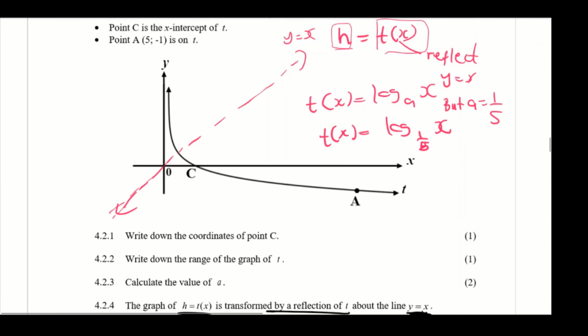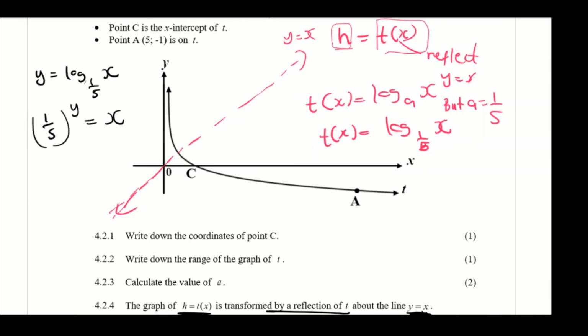If you write it properly, you're going to say y is equal to log base 1 over 5 of x. But because we want to find the inverse of this, the inverse is the exponential equation. So you just write this in exponential form, right? So the 1 over 5, which is this base here, to the power of y is equal to x.